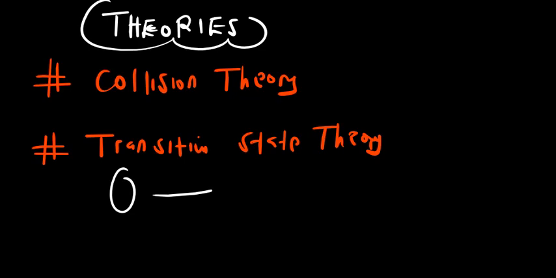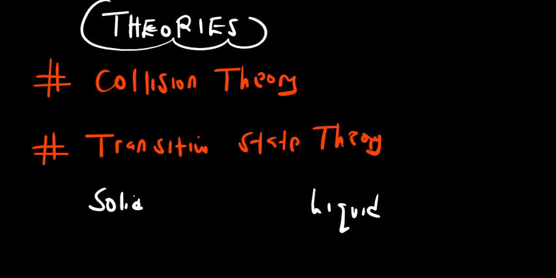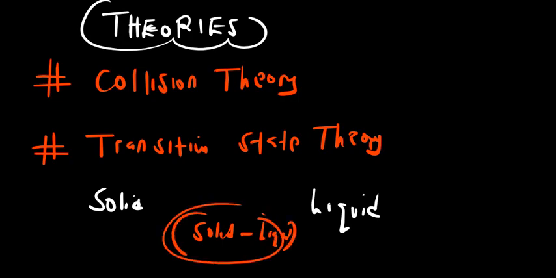If you're converting a solid to a liquid, the transition state will be a mixture of a solid and a liquid. It's just short-lived, then you go directly to your products, which is the liquid.